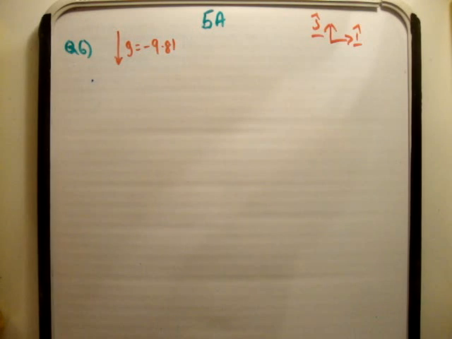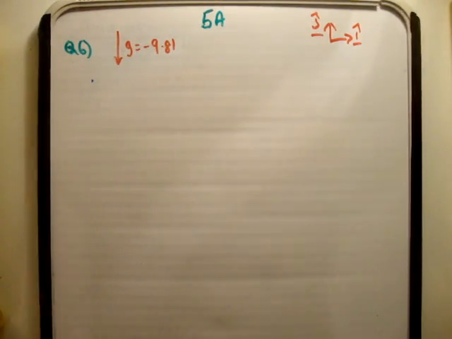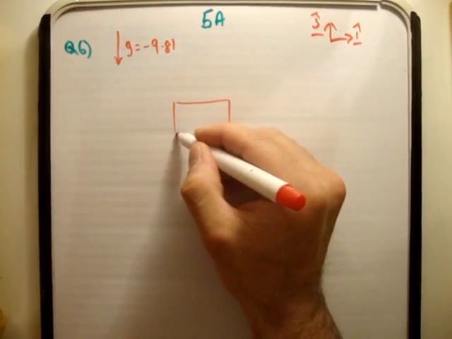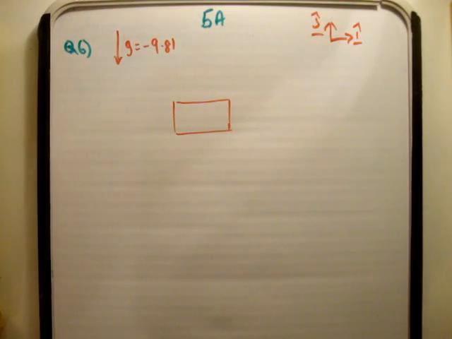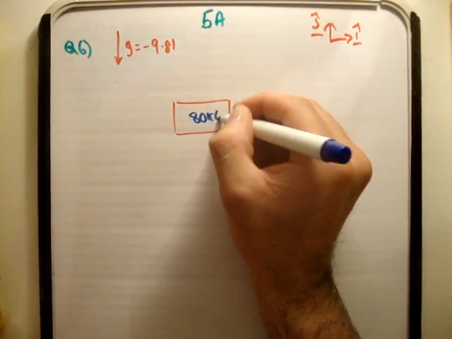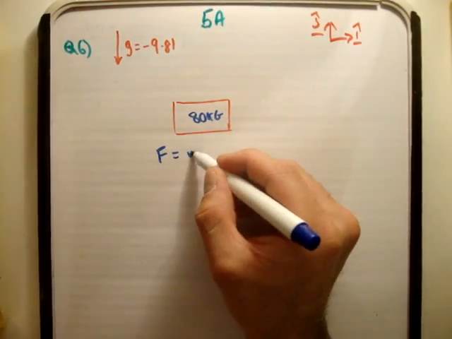What else do we know? I'm just going to note this down here. We're told that we need to do a free body diagram. So let's just draw a sketch of what we have, the forces. We're told the total mass of the whole thing is 80 kilos. So we apply F is equal to ma.